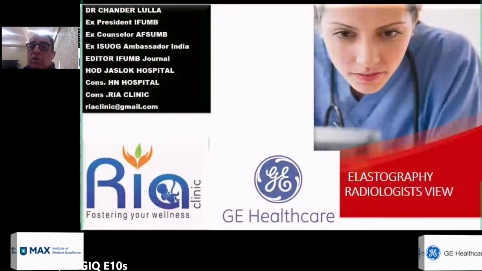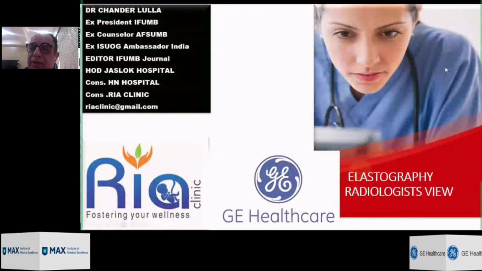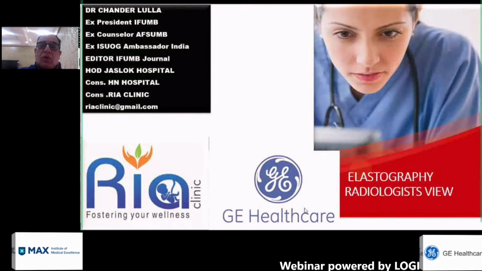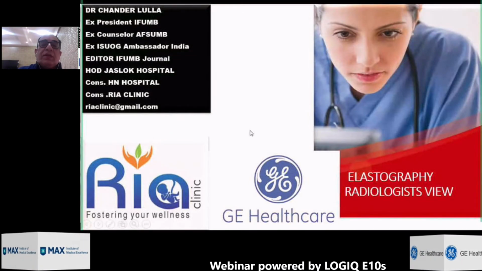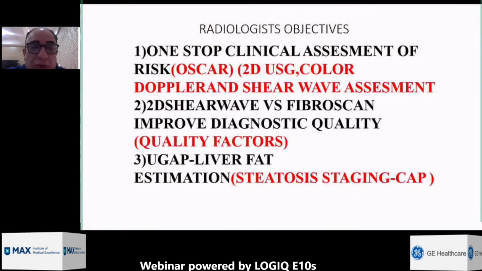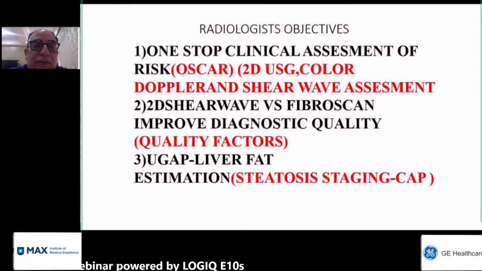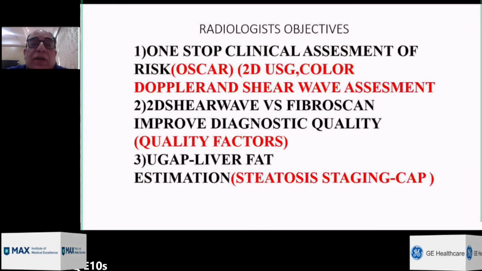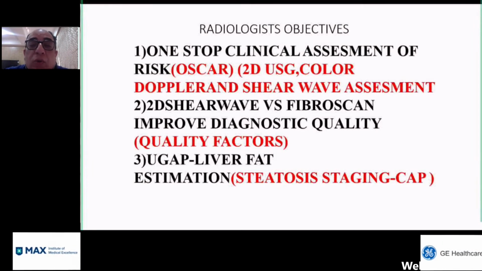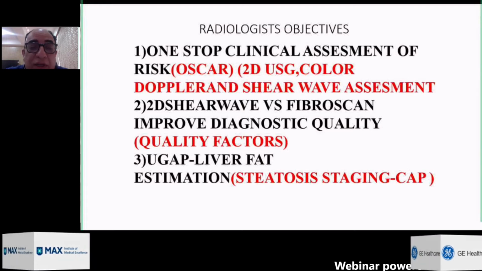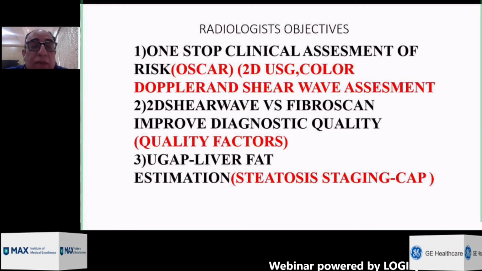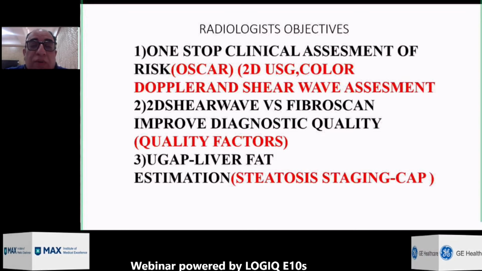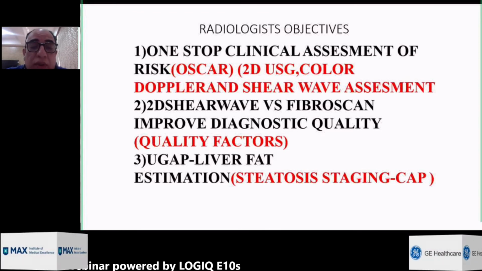I'm going to talk on the radiologist's perspective, as Dr. Raj previously spoke on the clinical perspectives. From the radiologist's perspective, we need a one-stop clinical assessment of risk, as we use in obstetrics, called OSCR. We call it a one-step assessment, where we do ultrasound, color Doppler, and shear wave assessment. Then I'm going to touch a little bit, as already spoken to by Dr. Raj, on 2D versus FibroScan and how we use quality factors.